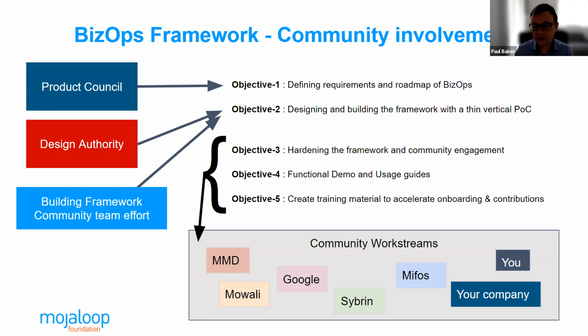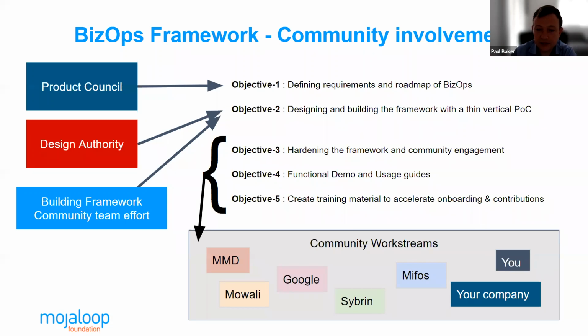The second one, design, is going to the design authority and interacting with them to make sure that our design is aligned and the community agrees with it. We also intend to involve some other community members in the building of this framework to make sure that we do it right and we get that community involvement.